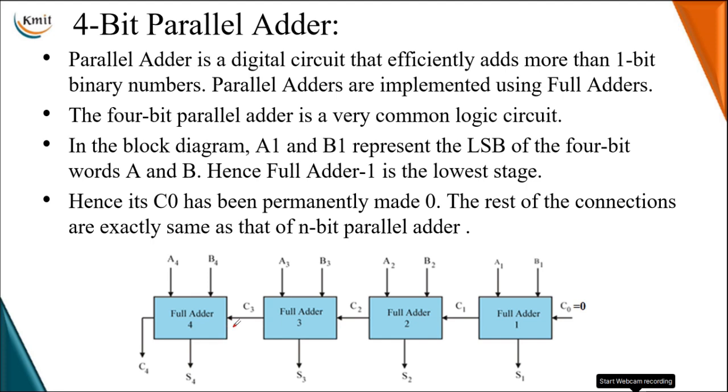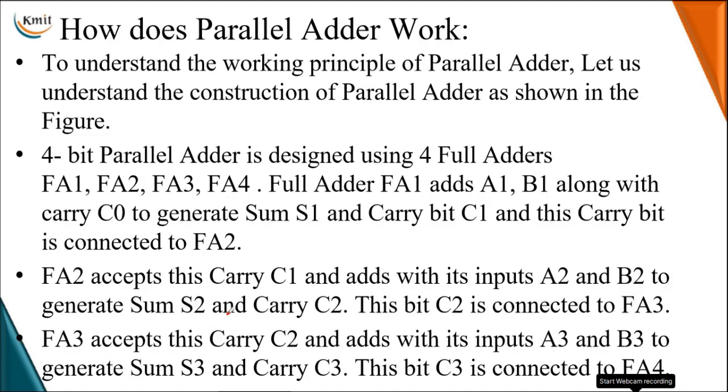These are transferred as carry inputs to the next full adder sections. The final carry output is collected from the last stage, the fourth full adder. Upon doing these connections, it can add 4 bits at a time on two numbers.